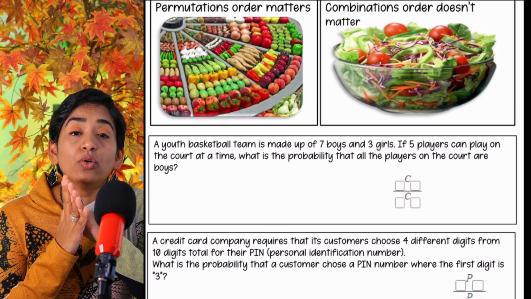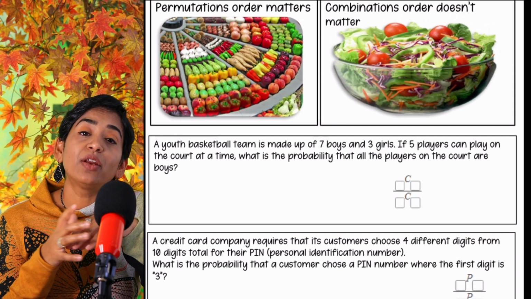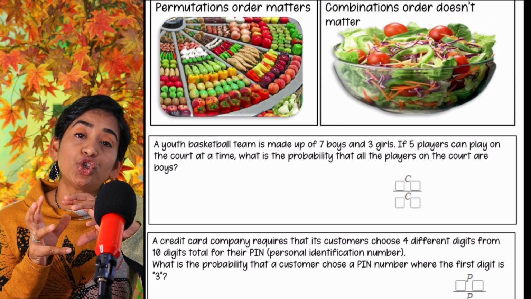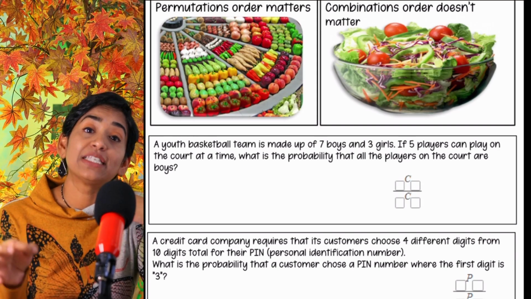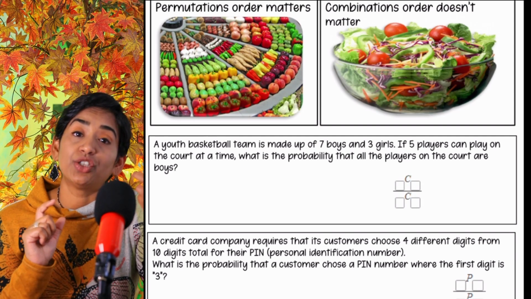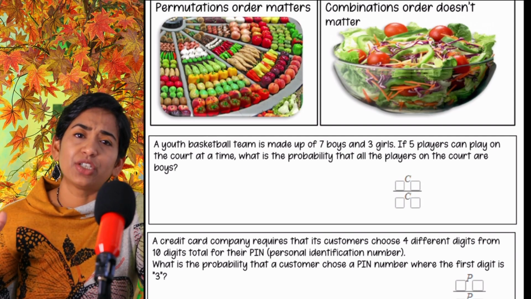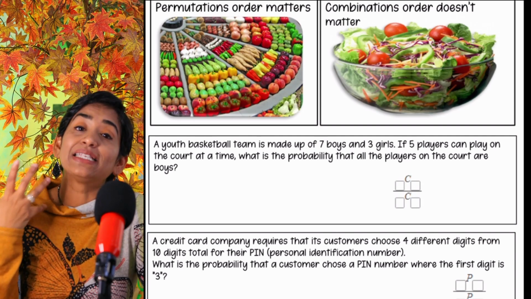I highly recommend taking a look at the previous video. We have done a problem like this where the coach picks the players to give them specific positions. When you assign a position, it's a permutation. When you don't assign any position and you randomly pick a group, it's a combination.